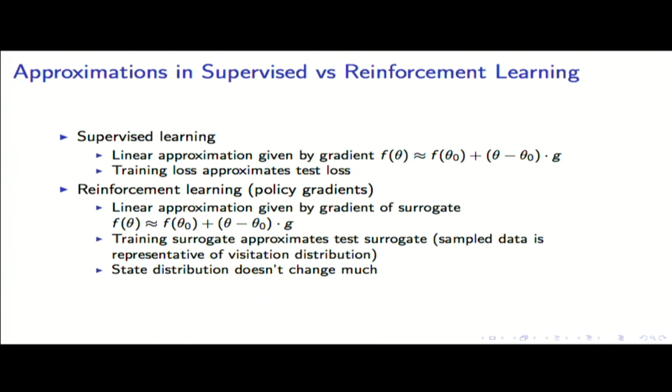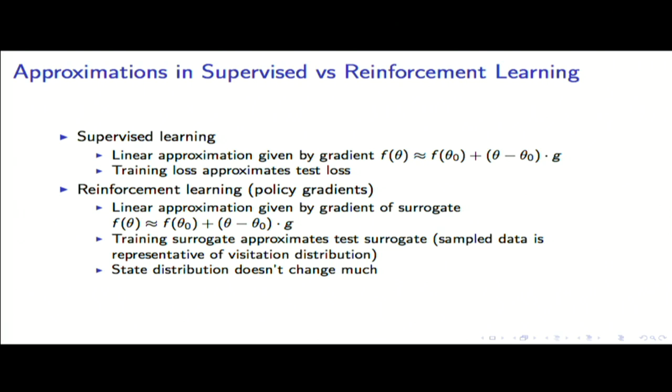Let's say your function is like this, and you're computing the gradient here, and then you're doing a big update. If you take an update using the gradient, assuming that this linearization is correct, then you're not going to be happy.